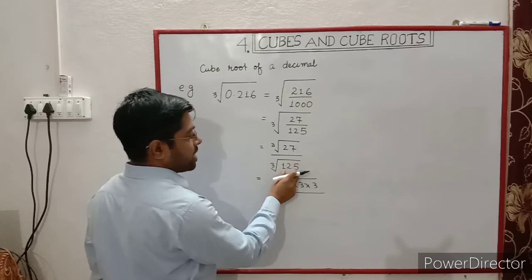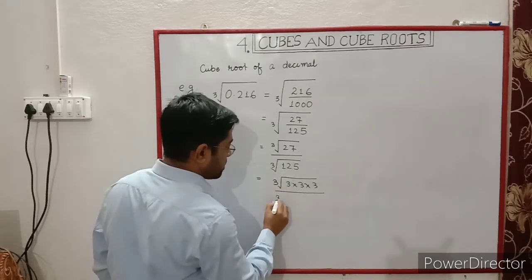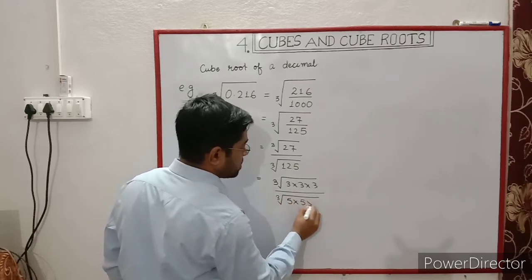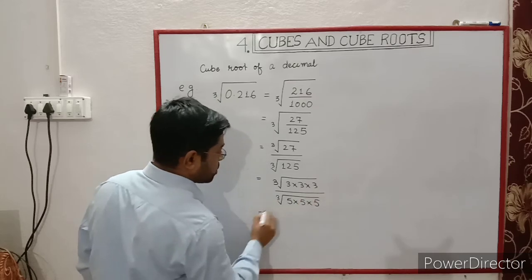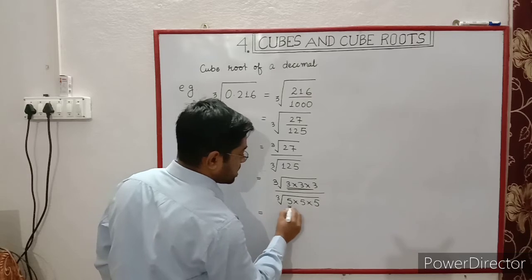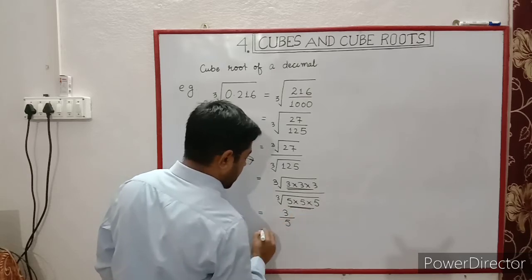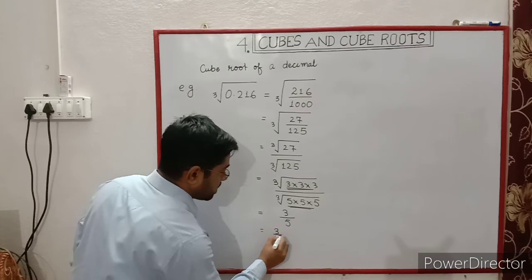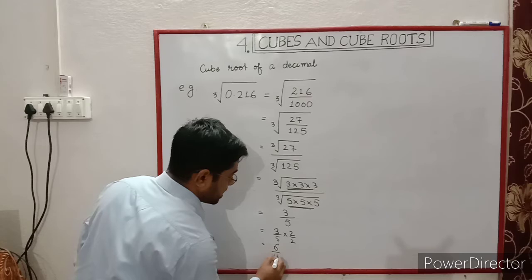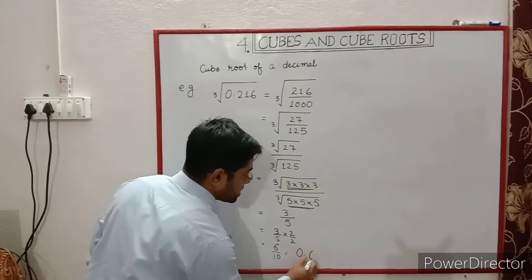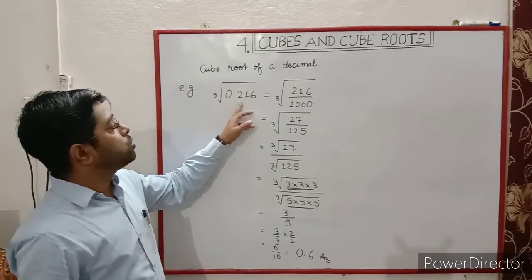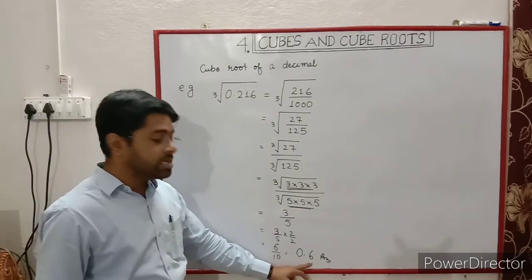So 125 expressed into prime factors, cube root of 5 into 5 into 5. Now taking one factor from each group, we can write here 3 by 5. Now convert into decimal, so we multiply 2 by 2, it becomes 6 by 10 is equal to 0.6. So cube root of 0.216 is equal to 0.6.